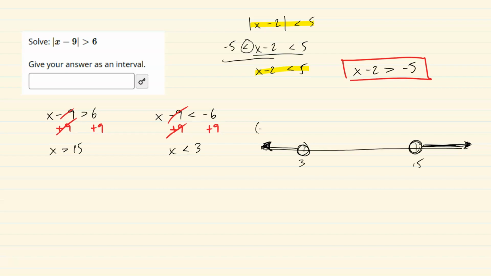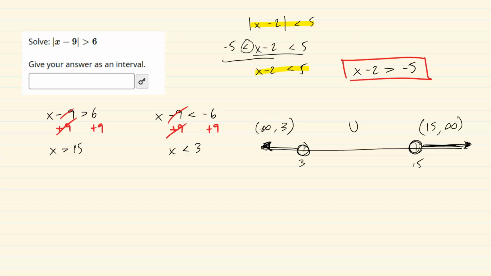So notice it's going from negative infinity up to 3, not including 3. Two separate intervals, we have to combine them with a union, and then it goes from 15, not including 15, up to infinity.